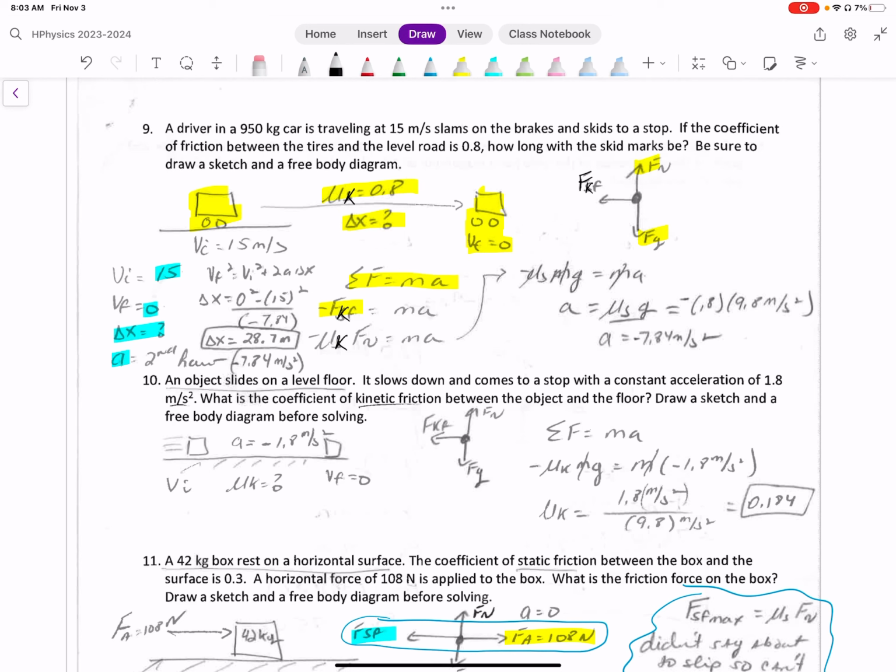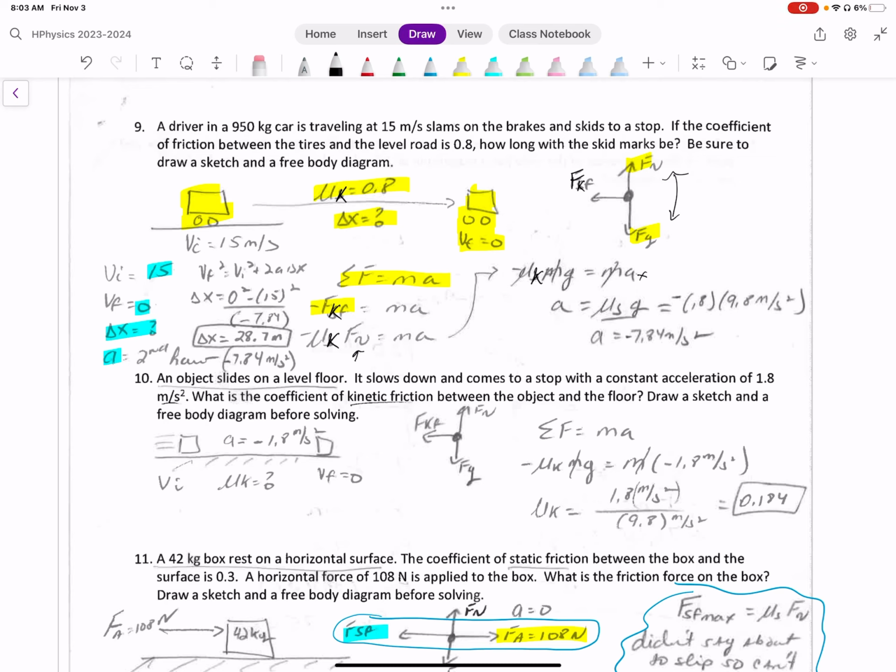We know that force normal acting on this car is equal to force of gravity because we have 0 acceleration in the y direction. So I can plug in mg for force normal. Negative mu sub k times mass times little g equals ma in the x direction.